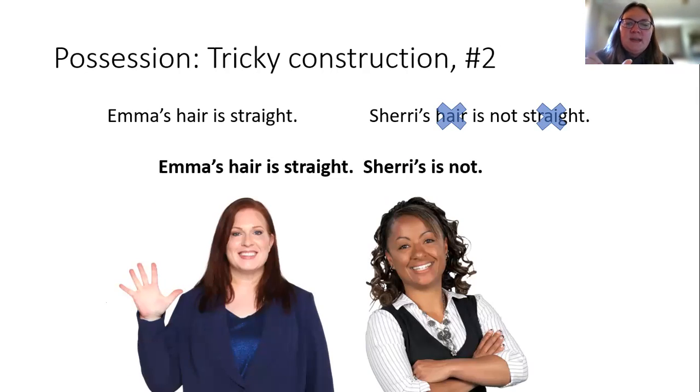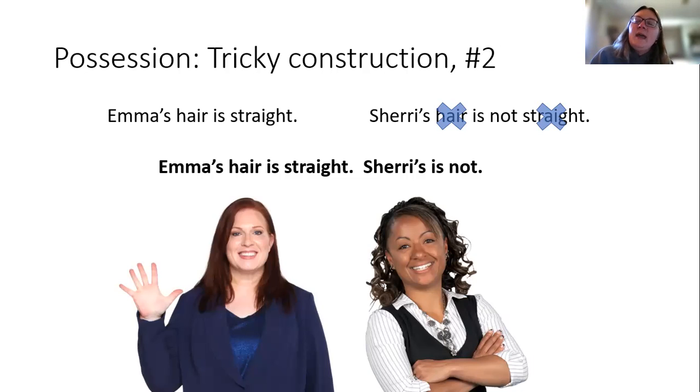When we put the 2 sentences together, we can eliminate some words. We can start with Emma's hair is straight, but then we can easily make the comparison. Sherry's hair is not straight. We just simply say Sherry's is not.